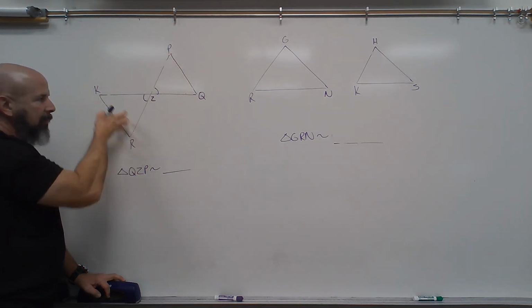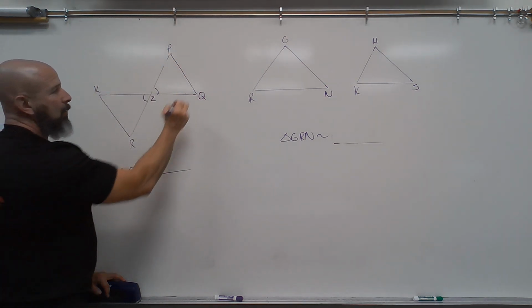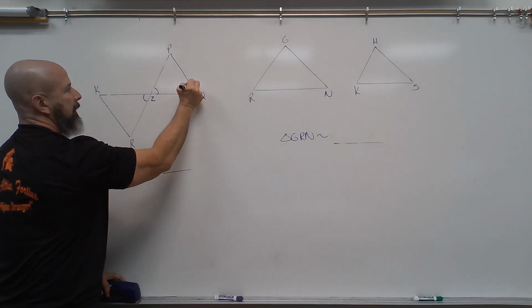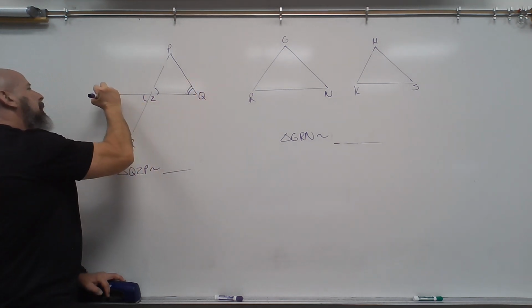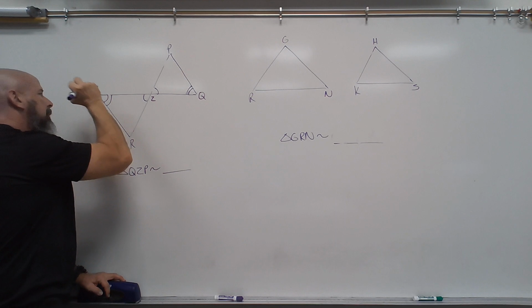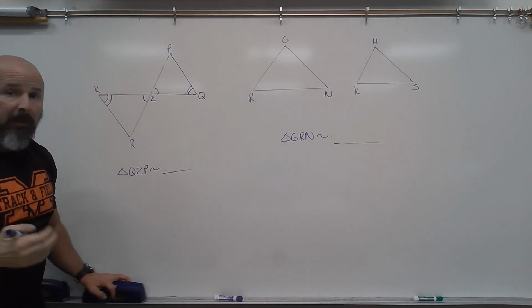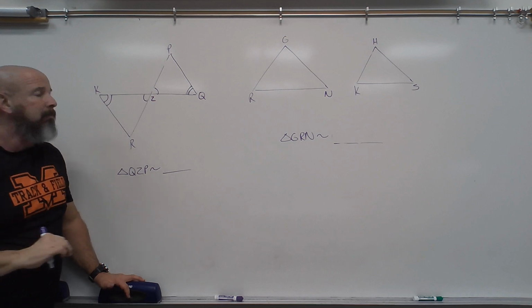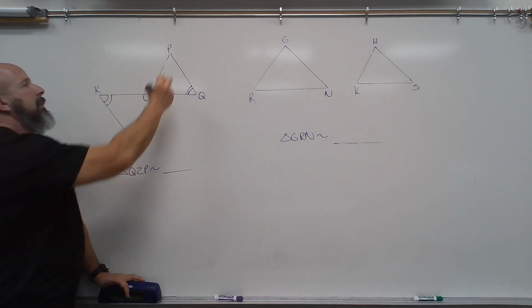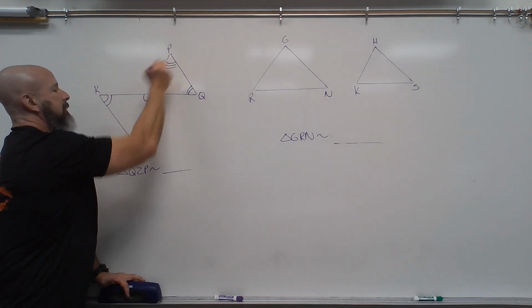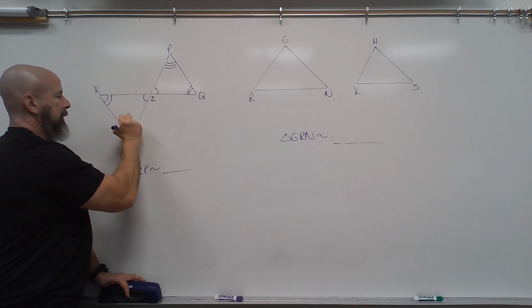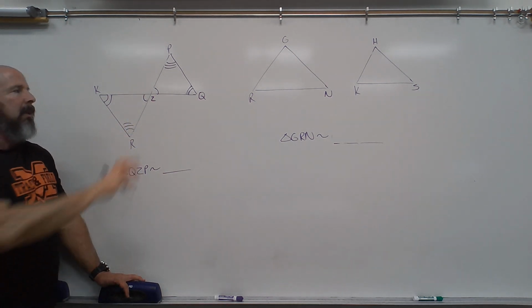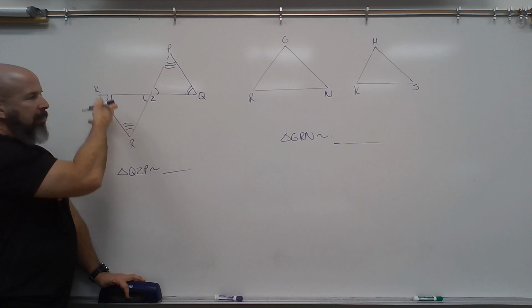So rotating around would make Q, I'll put two markings, similar to K, or actually would be congruent. They're the same size angle, just the distance are scaled down. And then P, I'll put three markings. It's going to be related to R. So again, visualize this rotating around.